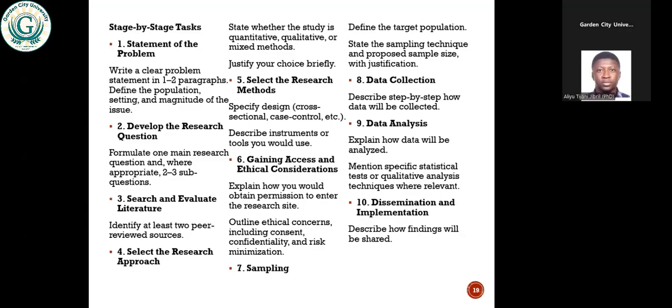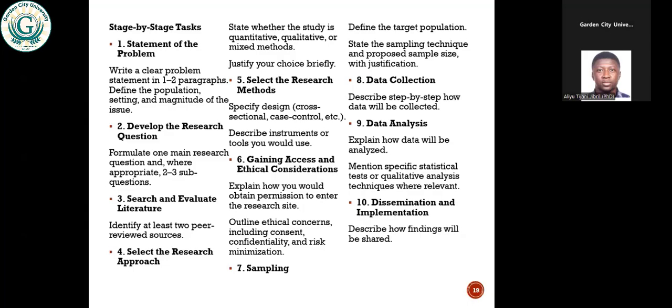Okay, so the question is, you are going to assume that you are part of a team working in a community where you've probably identified a certain problem. You are going to use that hypothetical problem to go through all the 10 stages of the research process.